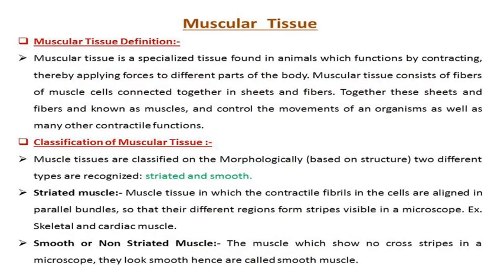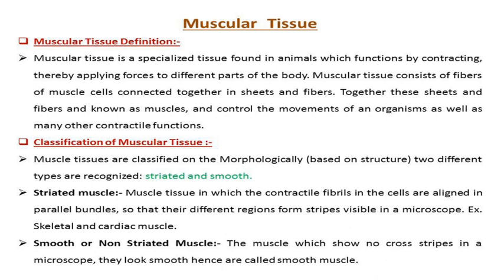Firstly, what is meant by muscular tissue? Muscular tissue is the specialized tissue found in animals which functions by contracting, thereby applying force to different parts of the body.